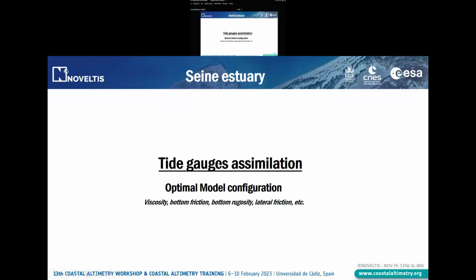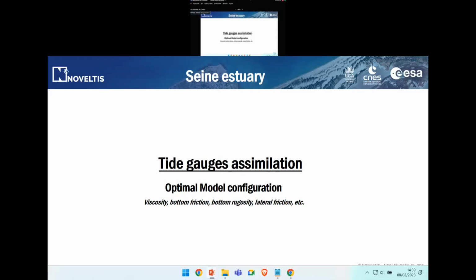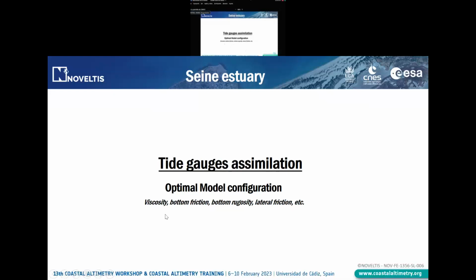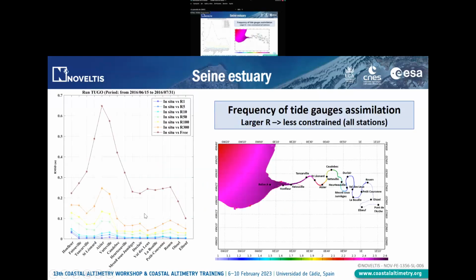After hundreds of tests, once we found the optimal model configuration in terms of viscosity coefficient, bottom friction, bottom roughness, lateral friction, and other parameters, here I show you the errors in meters for the different tide gauge stations.